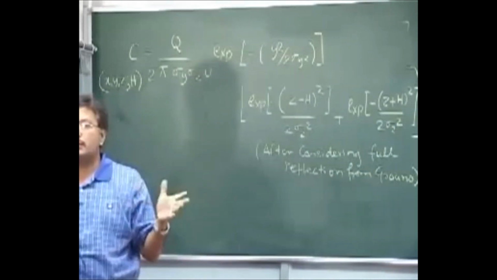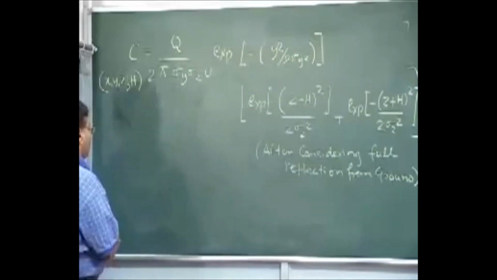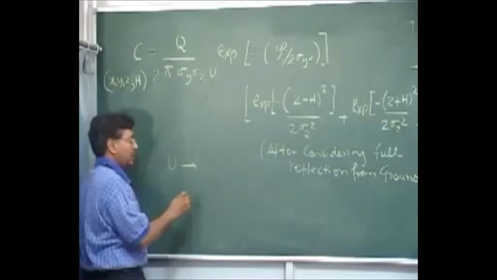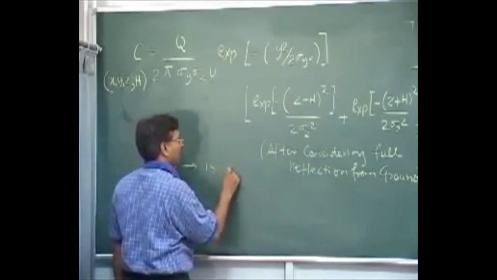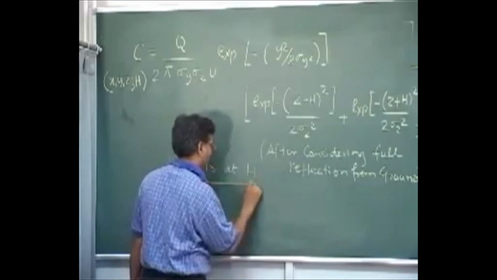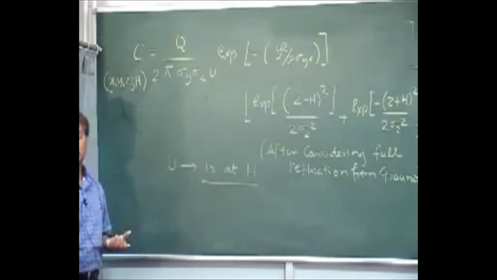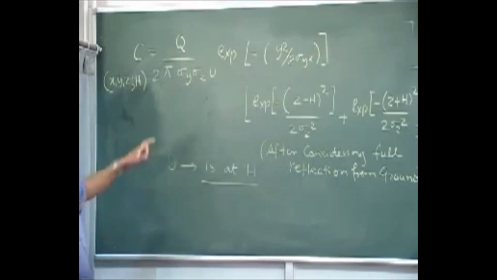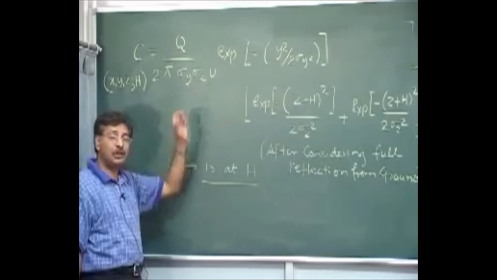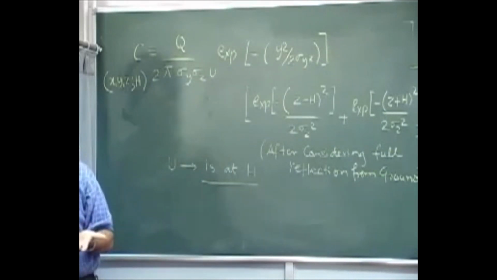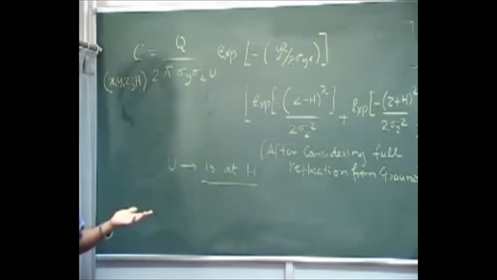Earlier we took this as ground level, so now you can make a note here. This u is at H. Earlier when the source was at the ground, u was at the ground level. So this u is the mean wind speed affecting the plume. Where is my plume? My plume is at H, so my u should also be at H.